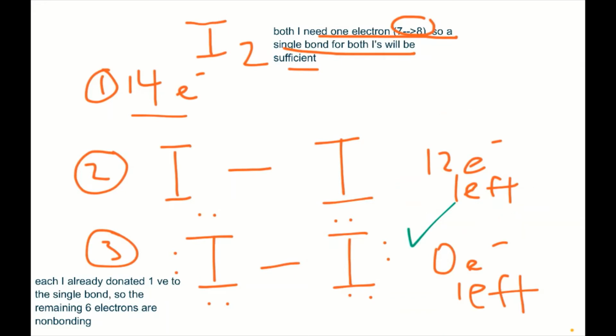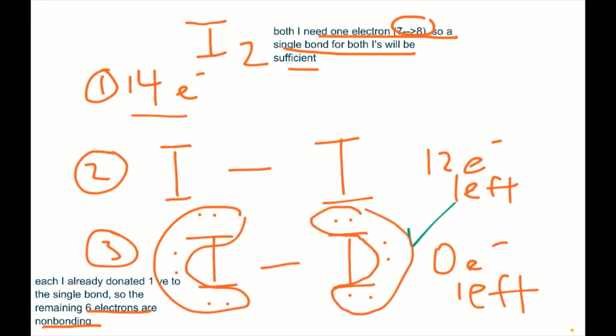Now, step 3, you put the remaining electrons as lone pairs, or non-bonding electrons, around the atoms. So I put 6 on each, since iodine naturally has 7 valence electrons and it already donated 1 to the single bond, so it has 6 valence electrons left, and these are non-bonding, so I put them around both of them.